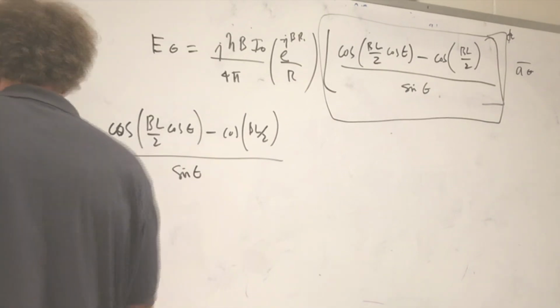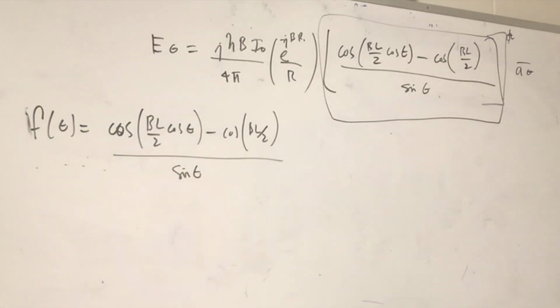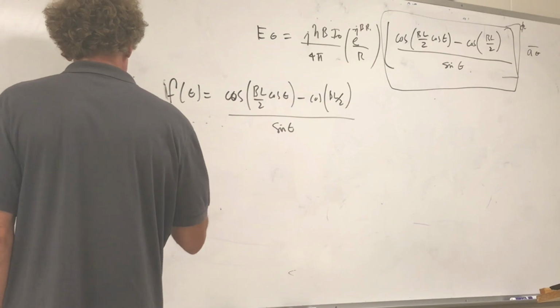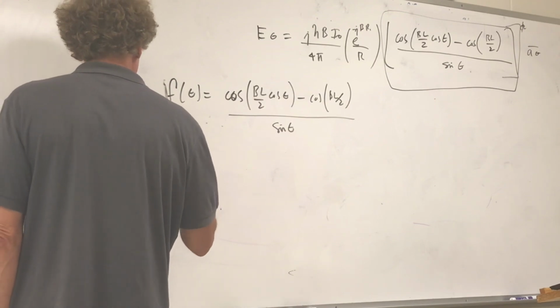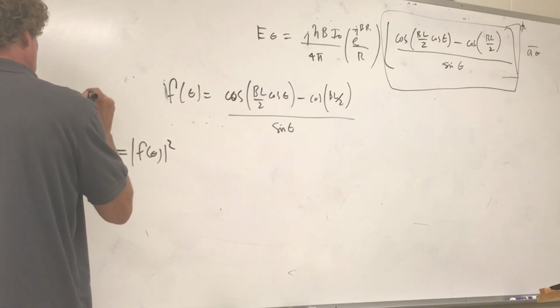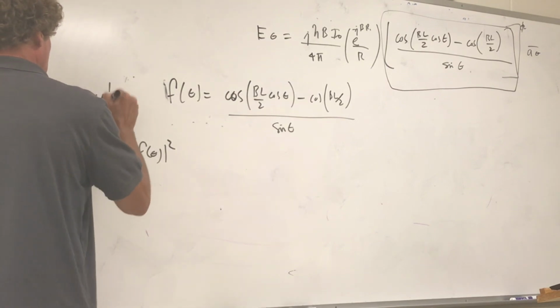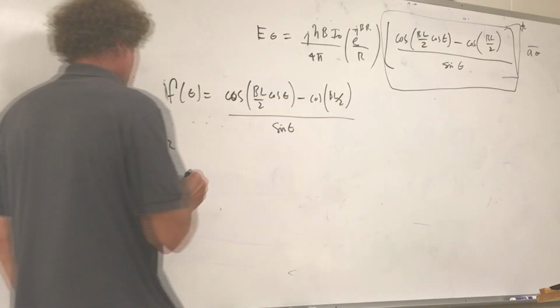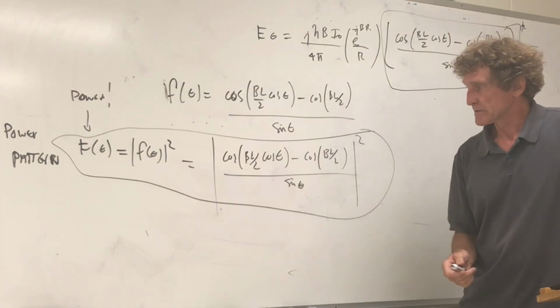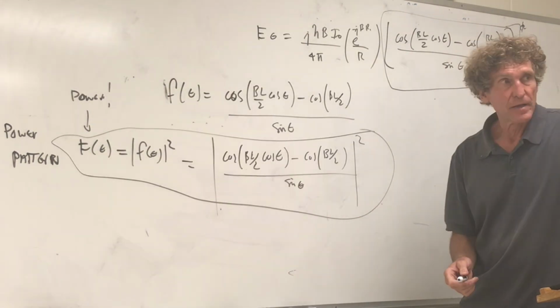And that means, and this is the power pattern, he calls it F of theta, and it's equal to the magnitude of small f squared. This is the angle associated with power. Now, if you look at that, that means it's this squared. If you look at this function that I've got there, it's squared.